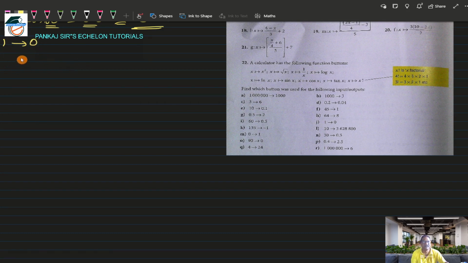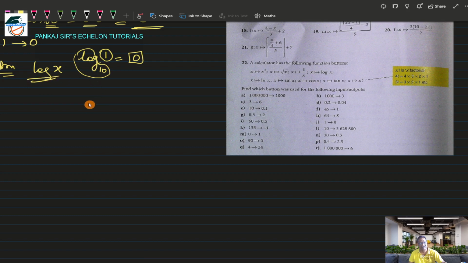Now, what should be the function whose input must be 1 and the output must be 0? Let me tell you, log is the answer for that, because log of 1 to the base 10 is always equal to 0. So this is your input, this is your output. So the function will be log to the base 10. The answer will be log of x.